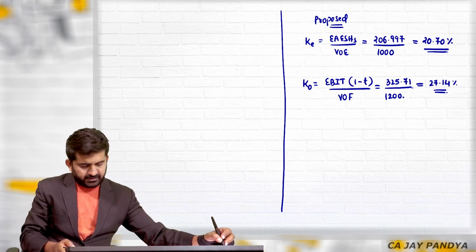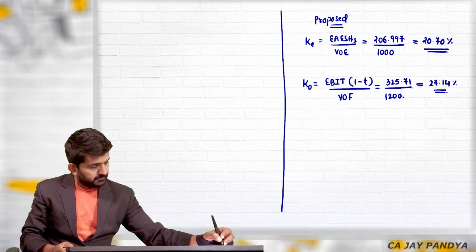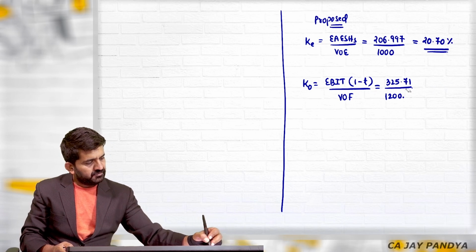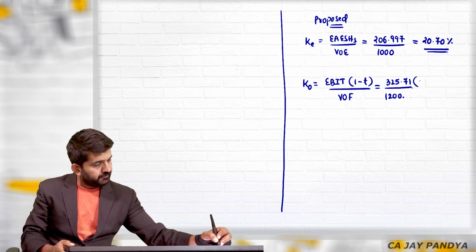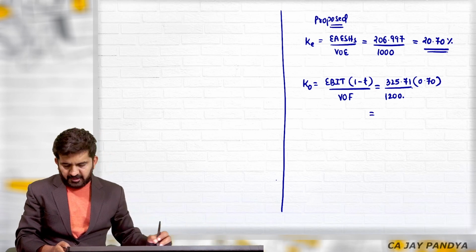Let us correct it. This is not 325.71. We need to do 1 minus T, right? Into 1 minus T, multiplied by 100.